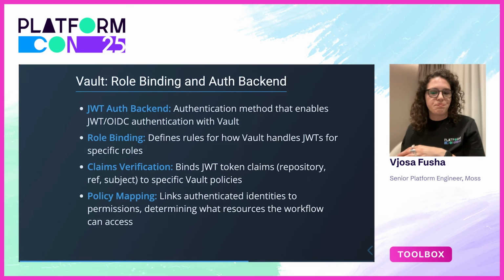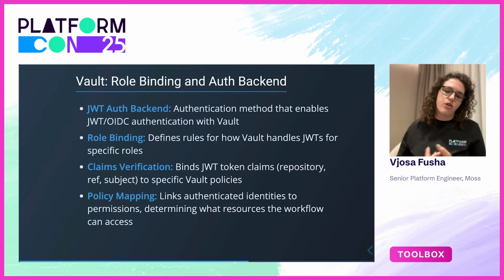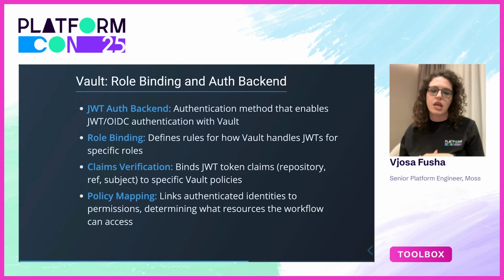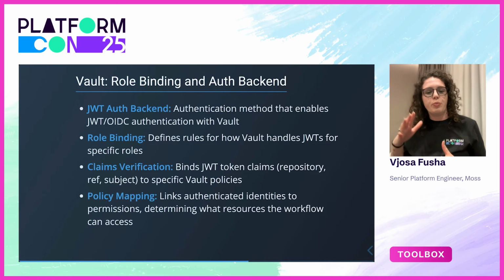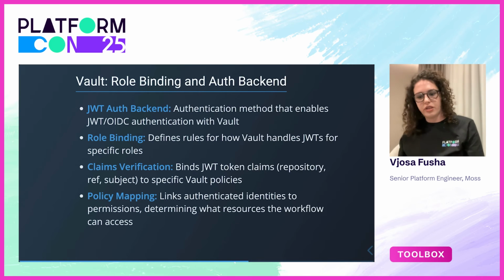We need some claims verification for repository, repository owner, or branch, or specific vaults to specific Vault policies. And yes, we need some policy mapping between the authenticated identity and permissions that determine what actual resources the workflow can access, or what secret we're trying to access in Vault.